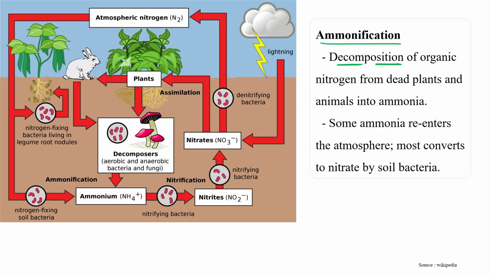Right? As you can see in this particular picture, this is the plant, this is another plant. There are certain nitrogen fixing bacteria present in the soil, right, which fix the nitrogen, and this nitrogen is used up by the legume plants and other plants also, right. And this ammonification means nitrogen fixing soil bacteria are there.